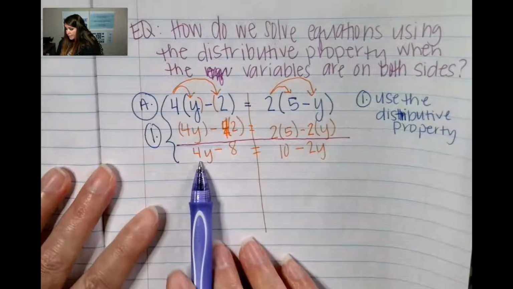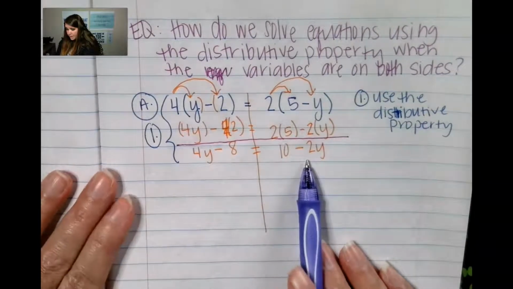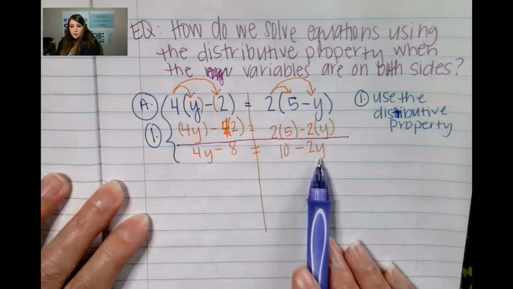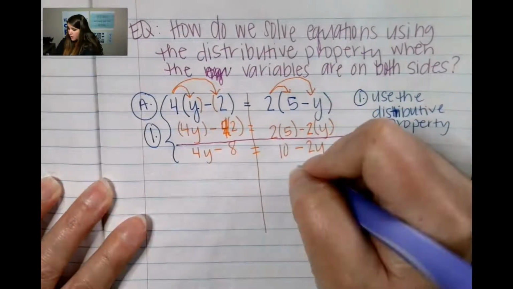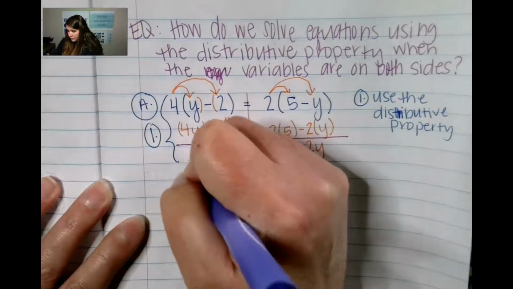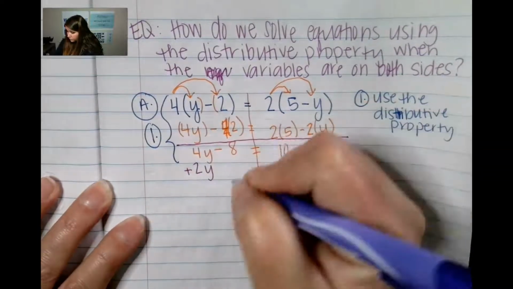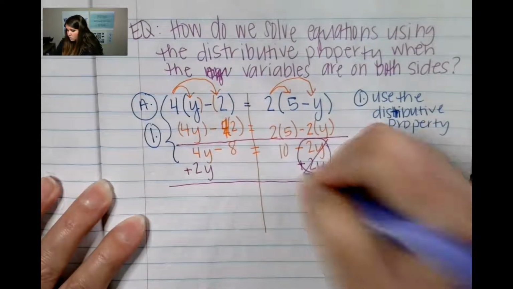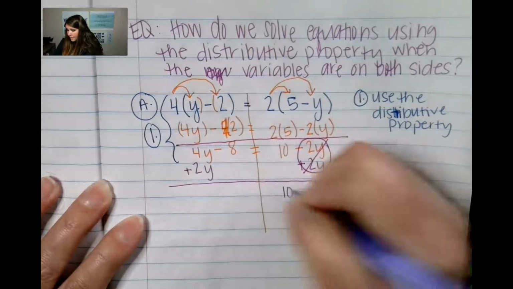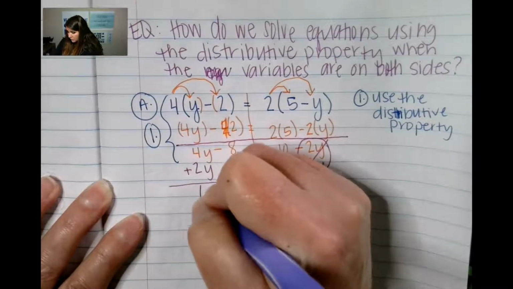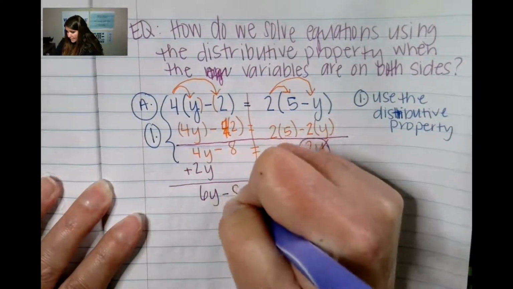So I have 4y's here, and I have negative 2y's here. I want a variable side, and I want a number side. So I'm just going to add 2y and add 2y. Now this cancels out, and I'm left with 10 on this side. 4 plus 2 gives me 6y's minus 8.